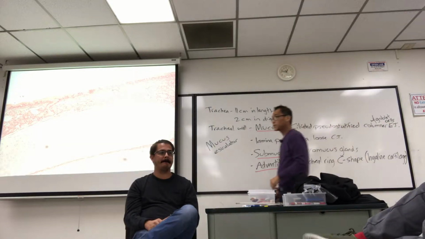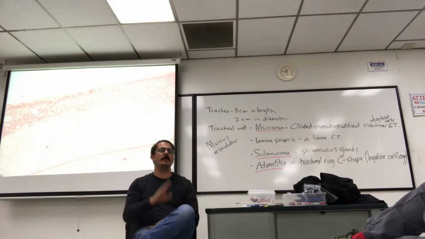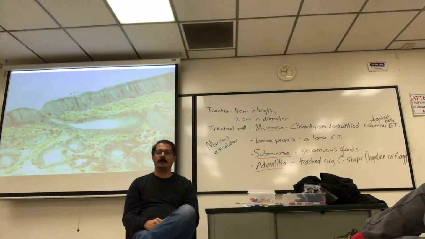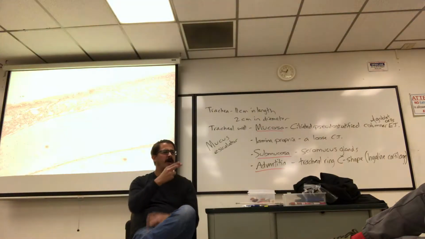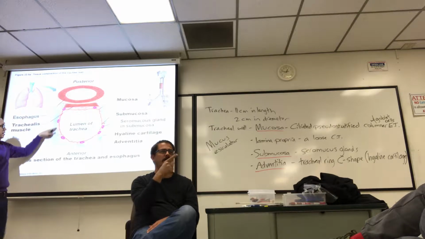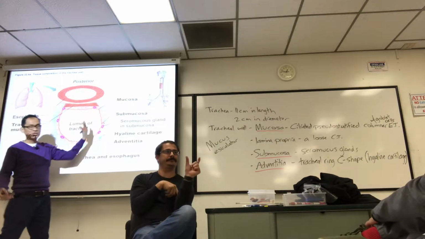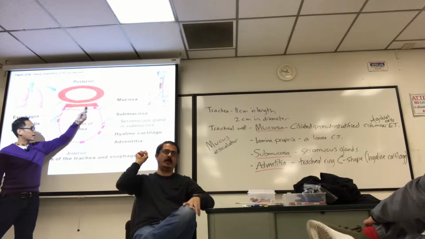All right, so that's trachea. I'm going to move on. Can you show where the hyaline ring is? Yeah. So if we go back to this slide, it's more like a horseshoe, right? We say it's C-shaped. It's not a complete ring. Soft tissue in the back.